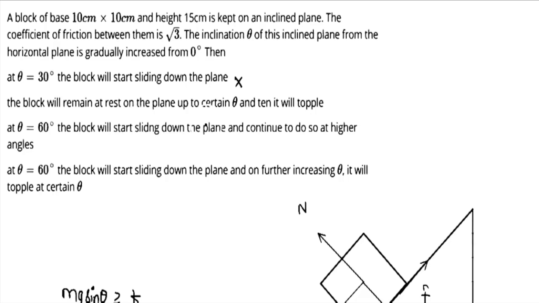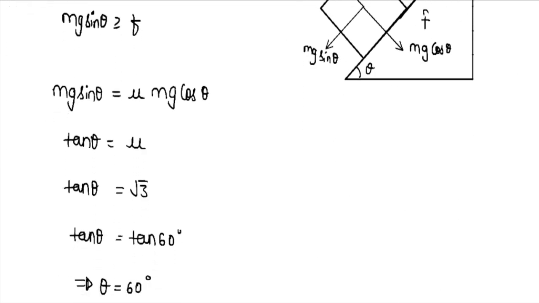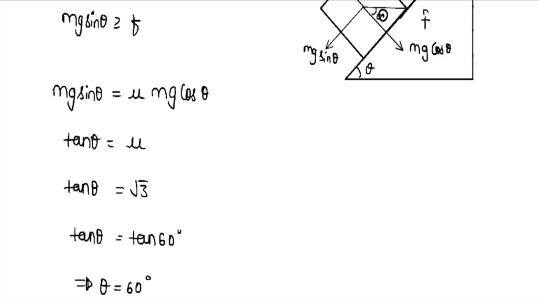Okay. And for the second option, we have to apply the conditions for toppling. So we see we got a triangle inside the square like this. And this angle, suppose it is alpha. Let me write it again. It is alpha.